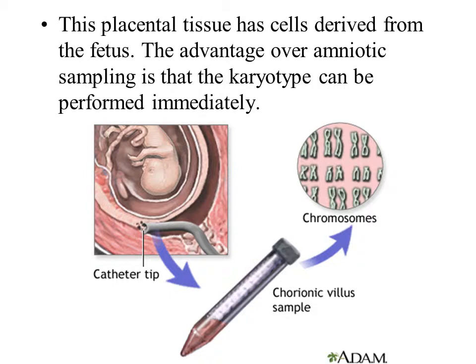With the amniotic sampling, you have to take the cells and culture the cells. We have to feed the cells. The cells would have to go through mitotic divisions. Then once we have reproduced enough cells, they can perform a karyotype. With CVS, you don't have to go through that. The cells captured from the placental tissue can immediately be enlarged, stained, and a picture can be taken to perform a karyotype.